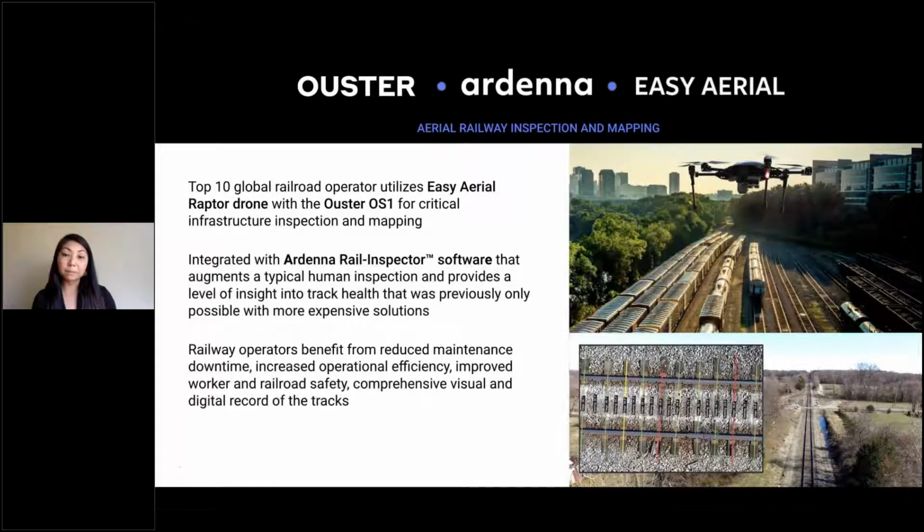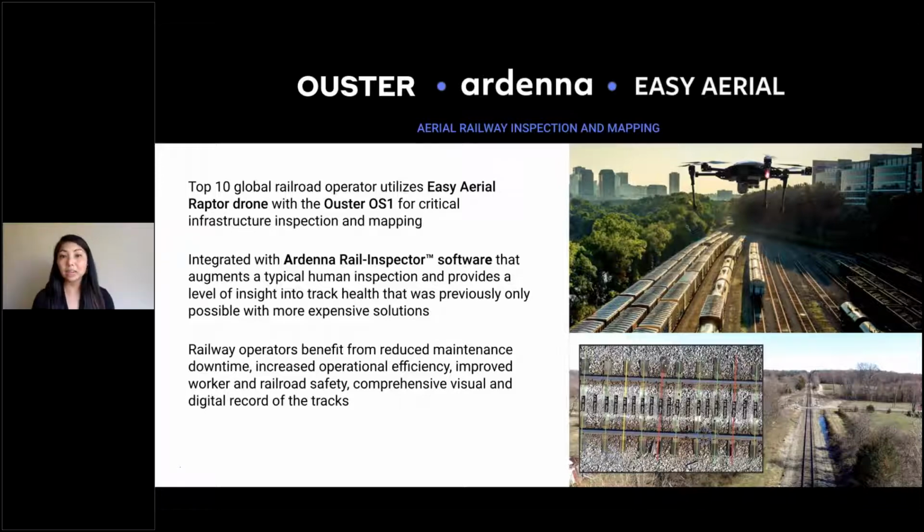For example, a top 10 global railway operator is using an Easy Aerial autonomous drone that's outfitted with a mid-range OS1 Ouster sensor. This operator is using the solution for highly detailed inspection and mapping of miles and miles of railway.